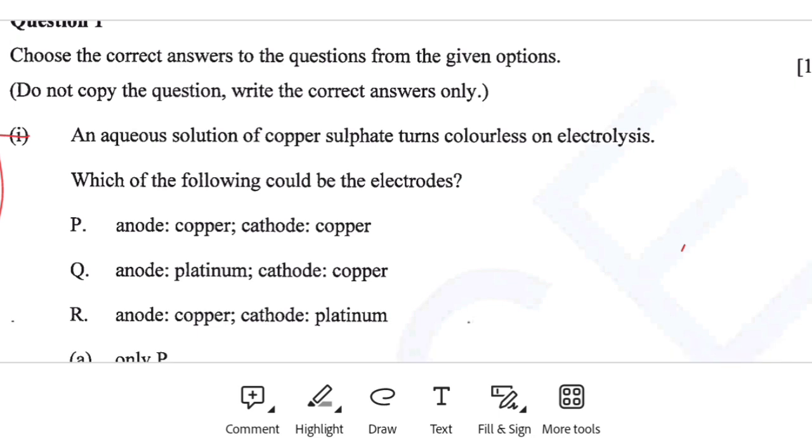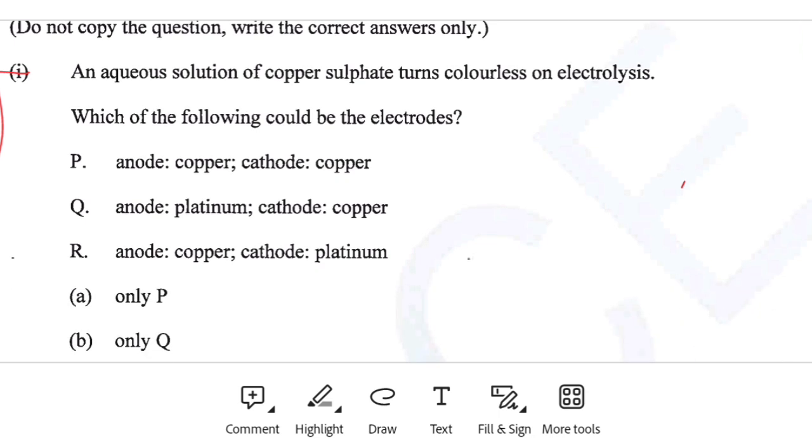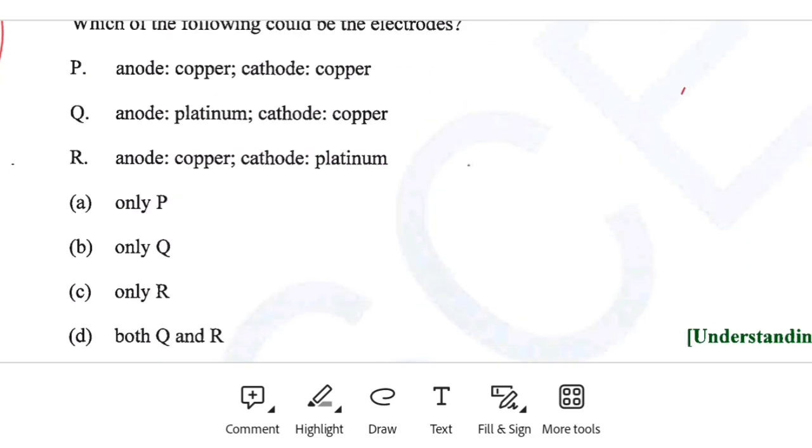They gave us three systems: in P, the anode is copper and the cathode is copper again; in Q, platinum is the anode and copper is the cathode; and in R, copper is the anode and platinum is the cathode. Here we have four options: only P, only Q, only R, both Q and R.